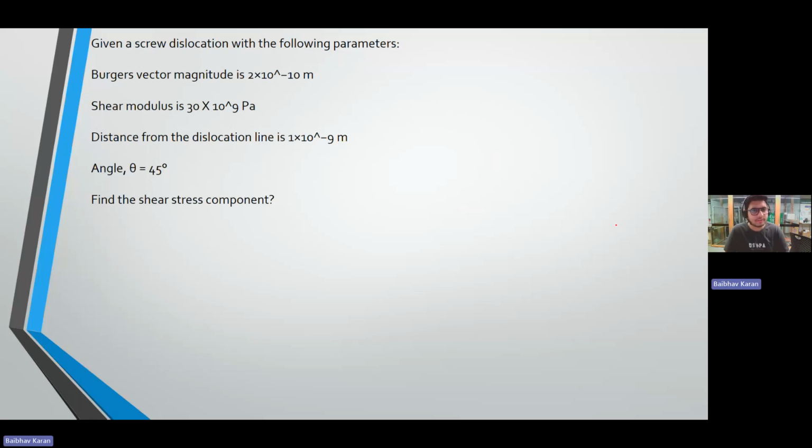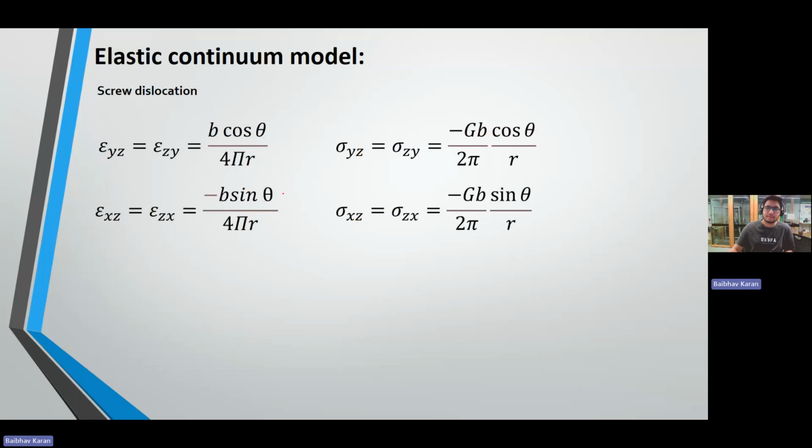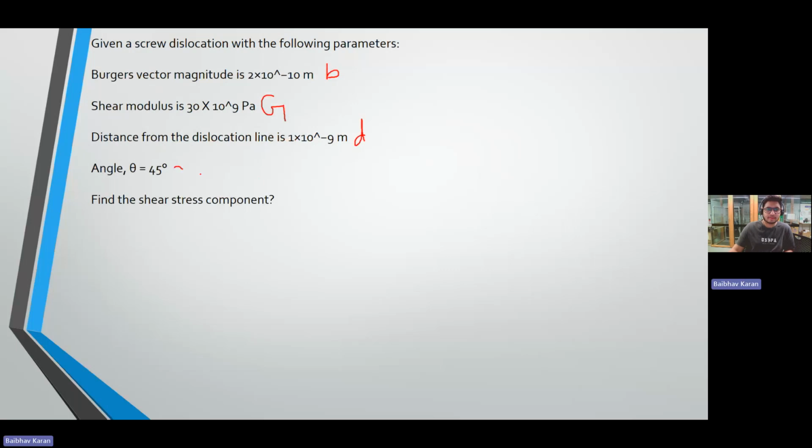Then there is a question: given a screw dislocation with the following parameters, the Burgers vector magnitude b is given, the shear modulus G is given, the distance r from the dislocation line is given, and the angle is 45 degrees. What is the shear stress component? The shear stress component is given by minus G b cos theta by 2 pi r.